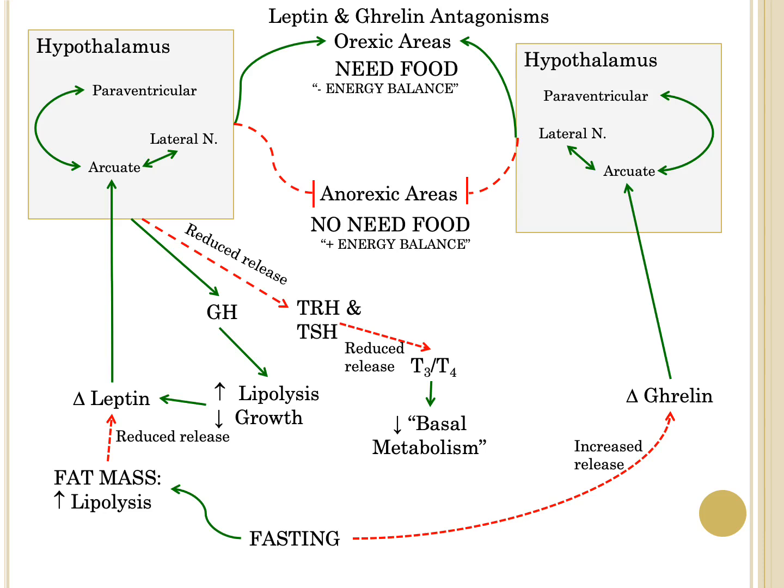Now, even though we say we're reducing growth hormone release, what we're actually doing is reducing the large growth hormones, the 22 kilodalton and the large molecular weight growth hormone, but allowing for these small molecular weight growth hormones to be released. What this does is accentuate more lipolytic activity, but it also reduces the quote-unquote basal metabolism for the person.